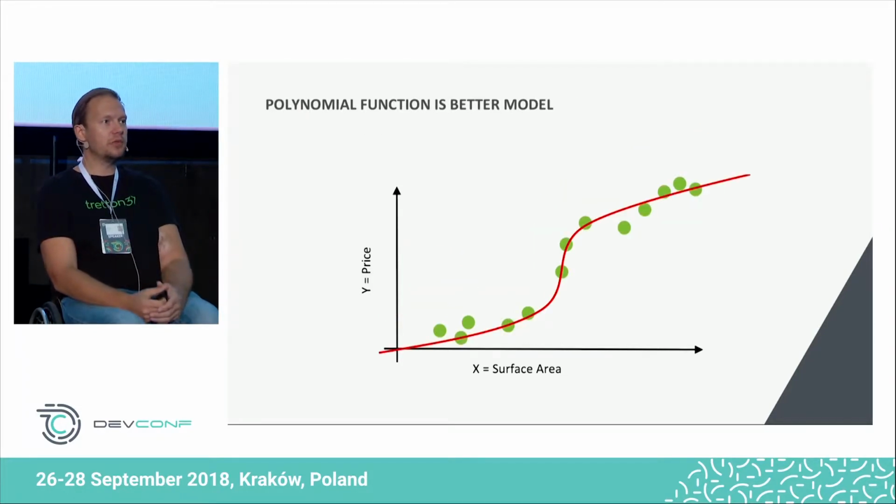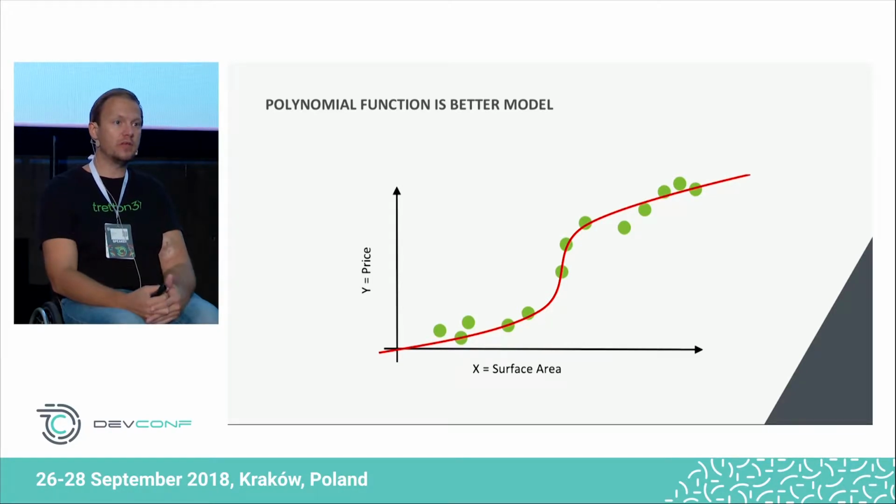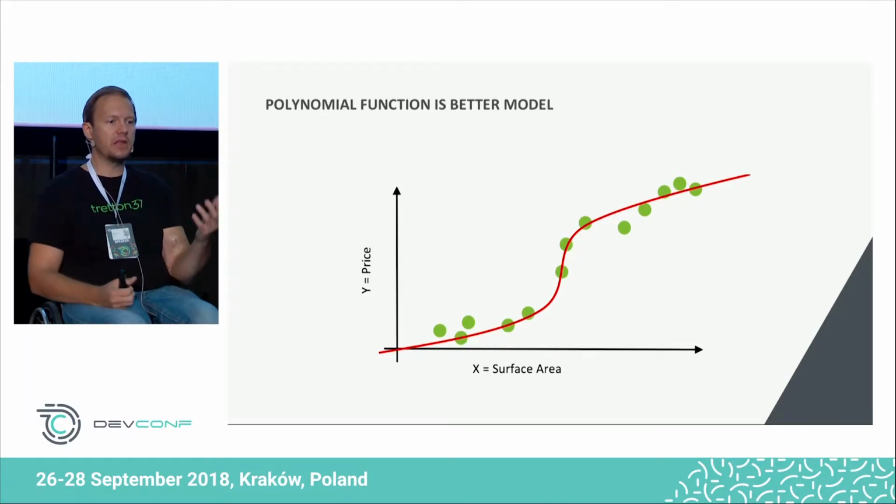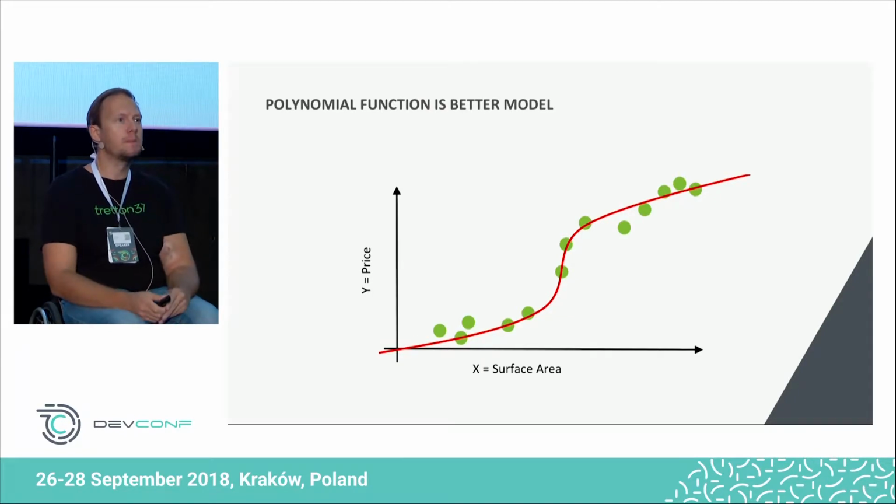And usually in real life, polynomial functions are a much better fit for real-life data. So the functions are much more complicated. And one way to get those polynomial functions is neural networks. A lot of people use the brain cells connections intuition for describing what a neural network is.